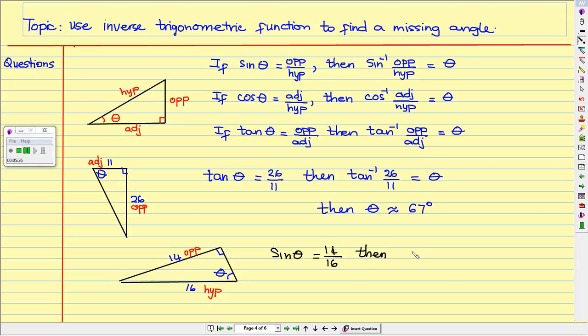Then we are going to use inverse sine. Inverse sine of 14 divided by 16 is the acute angle theta. Put it in our calculator in degrees mode, so therefore the angle theta is about 61 degrees.